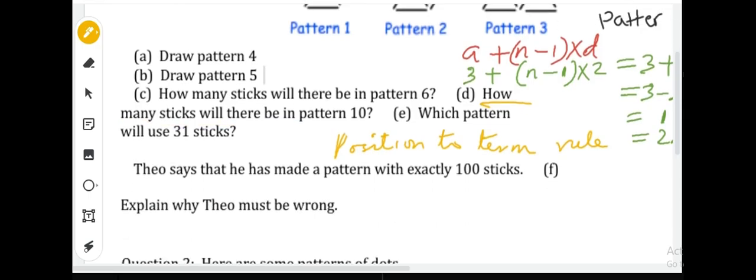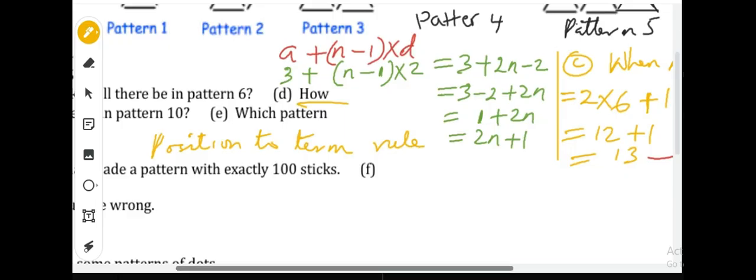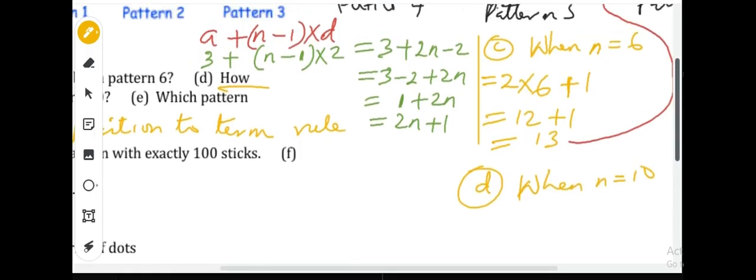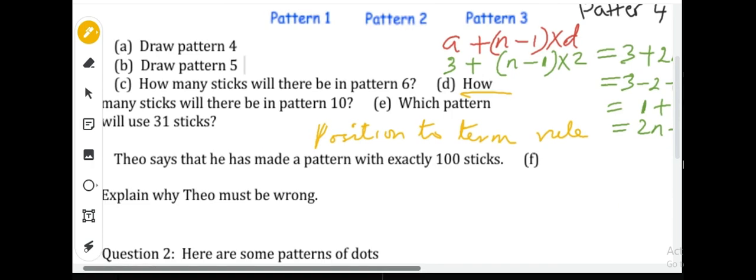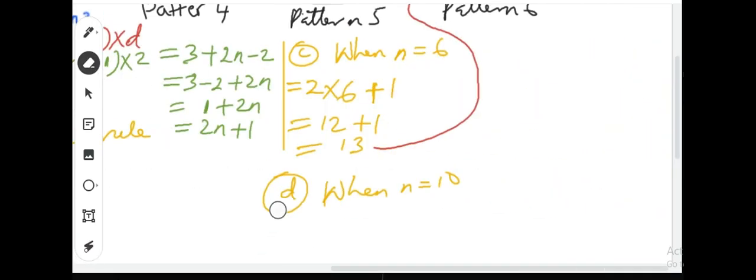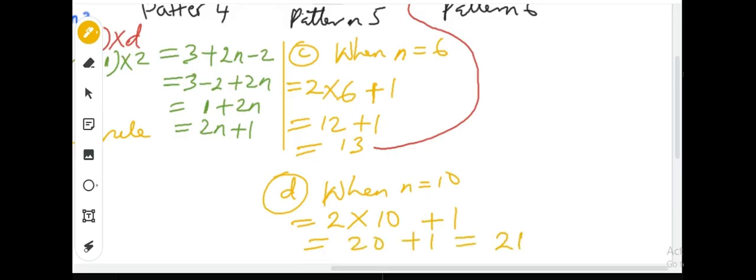Instead of counting up to 10, we just do, when n is equal to 10, the rule 2n plus 1 gives us 2 times 10, then plus 1. That gives us 20 plus 1, which gives us 21. So there will be 21 sticks.